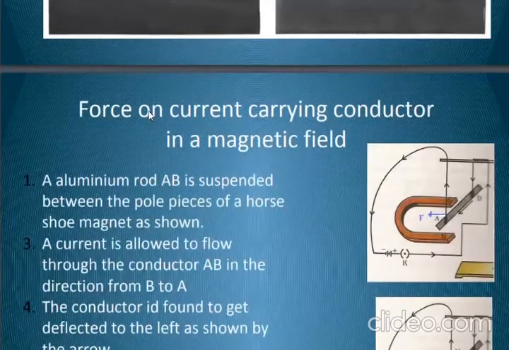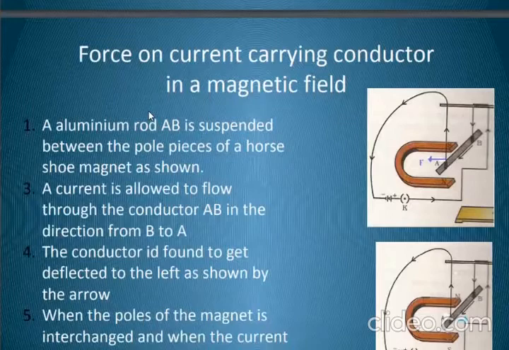Now next concept. So far we have discussed magnetic field due to a current carrying conductor in various shapes, and magnetic field patterns or field lines. Now we will discuss another aspect of the magnetic effect of electric current, that is, when a current carrying conductor is placed or brought near a strong magnet, then the current carrying conductor gets attracted or deviated in the presence of that strong magnet.